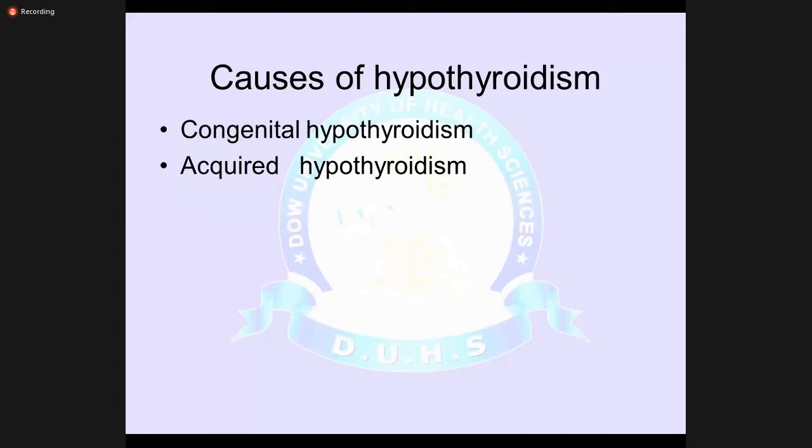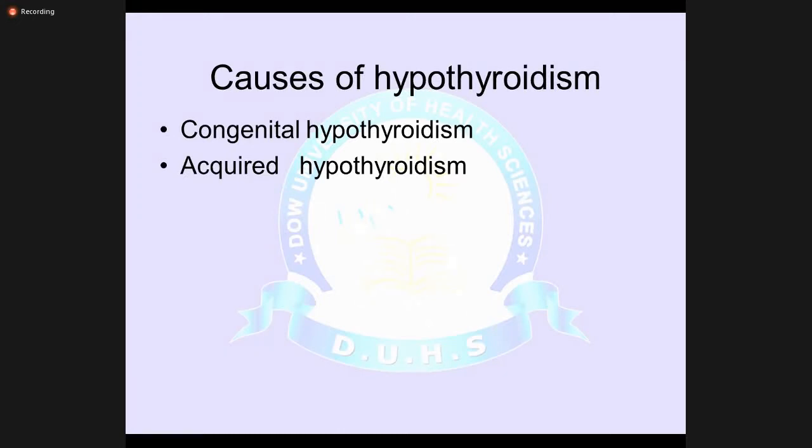So you can divide the causes of hypothyroidism into two categories: congenital hypothyroidism, when the fault is since birth, or acquired hypothyroidism, meaning that the thyroid gland was okay at the time of birth. Later on, something happened to the thyroid gland that resulted in acquired hypothyroidism.